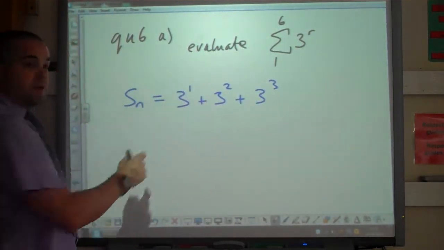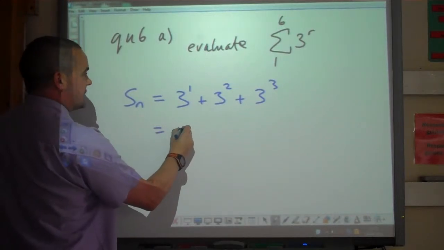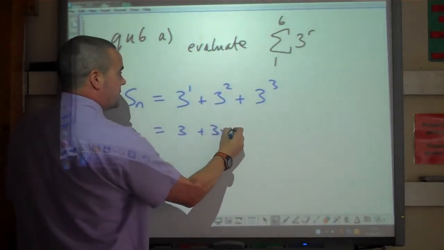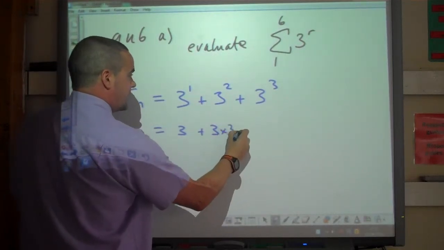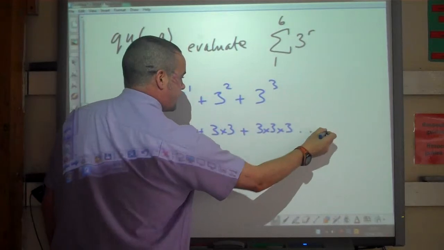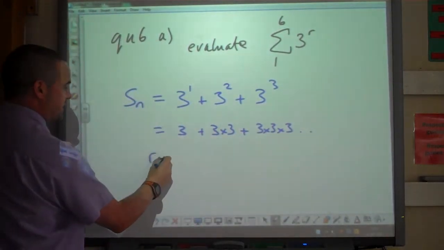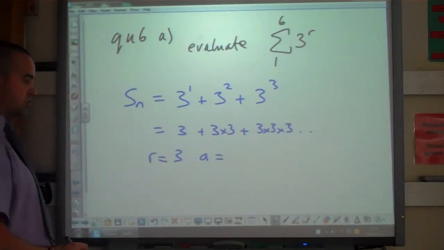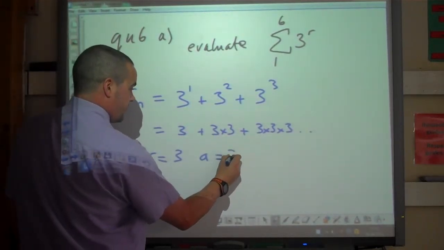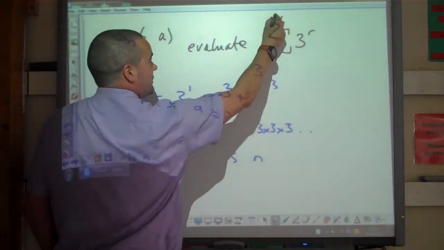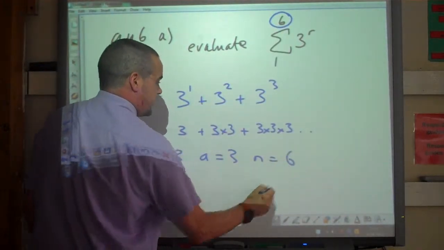This is a geometric sequence because this is 3, then 3 times 3, then 3 times 3 times 3, etc. So our common ratio R is 3, A is equal to 3 because that's what we start with, and n is 6, because this gives us our 6 terms up here.